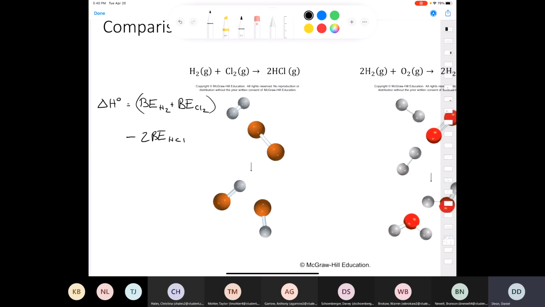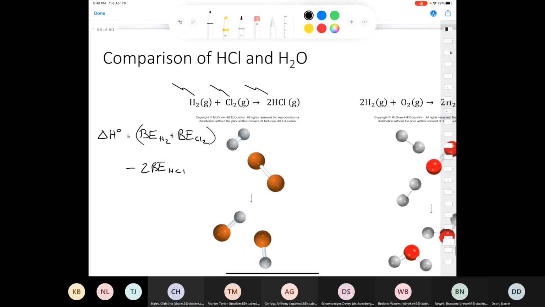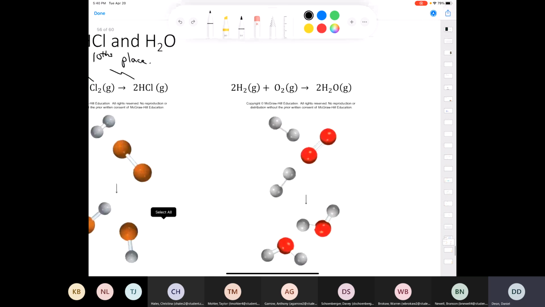But again, all these bond enthalpies are known to tenths place, right? They're all known to the first decimal place. So the delta H for the reaction that you're going to get here, let's say whatever it is, is going to be more accurate than it would be for this reaction right here.